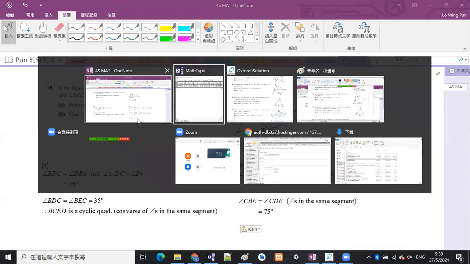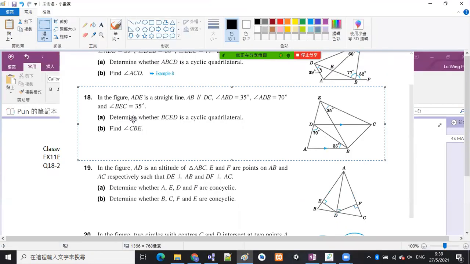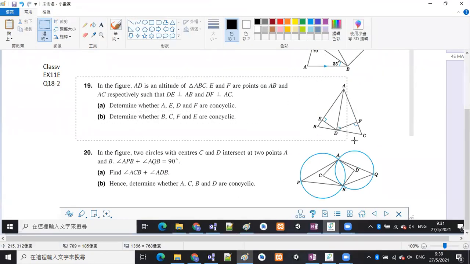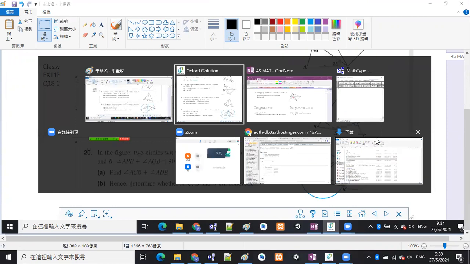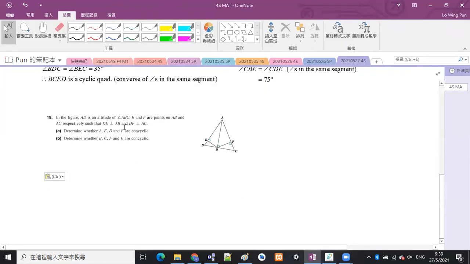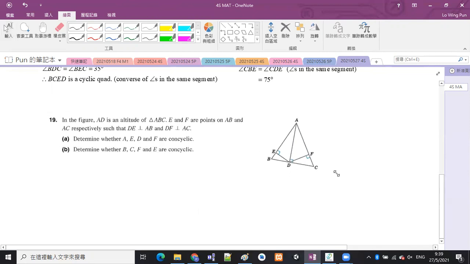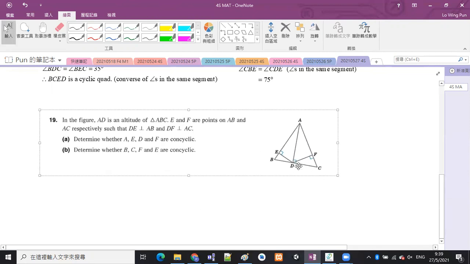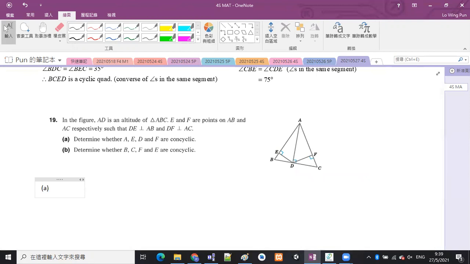And then next one, number 19. The difficulty of this question is that it has no numbers, only 90 degrees. Let me look at Part A. AD is an altitude of triangle ABC. If a line is an altitude, then it is perpendicular to the base.